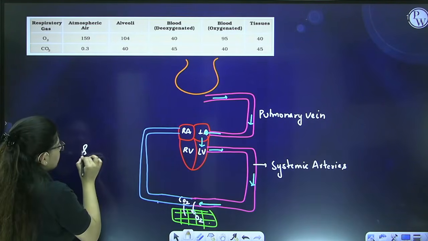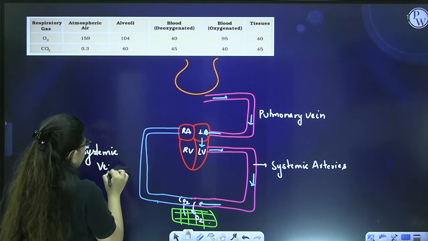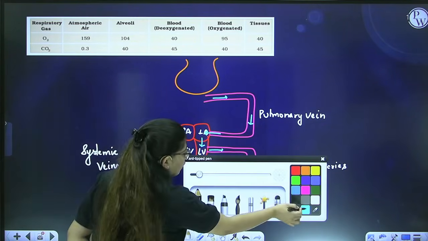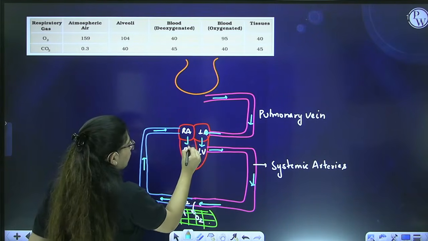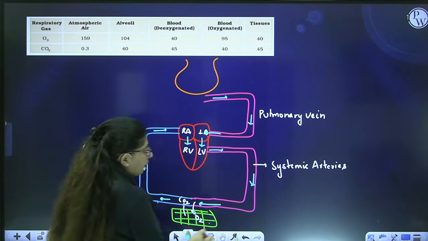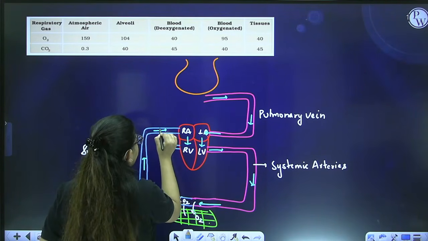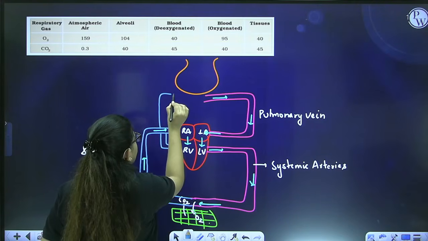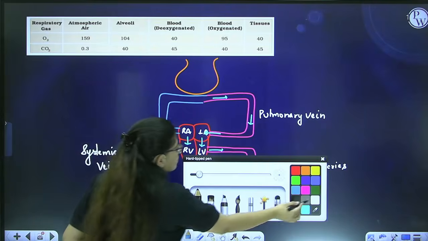Systemic veins carry deoxygenated blood. So here the deoxygenated blood will now enter the right atrium. From the right atrium, it enters the right ventricle. From the right ventricle, the pulmonary artery, which artery, guys? The pulmonary artery enters the alveoli so that it can pick up the oxygen, because the blood is deoxygenated.